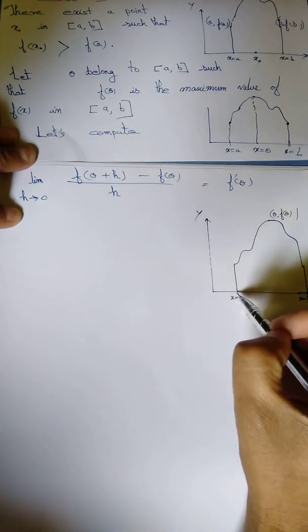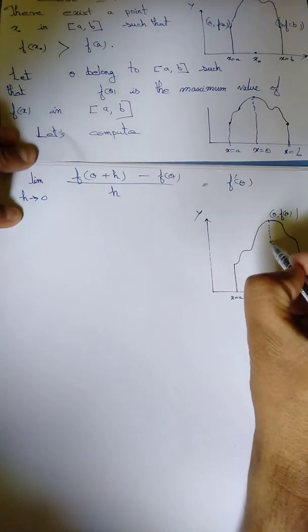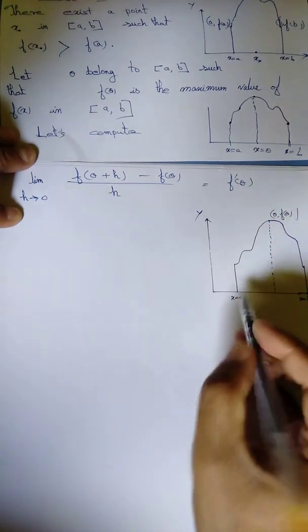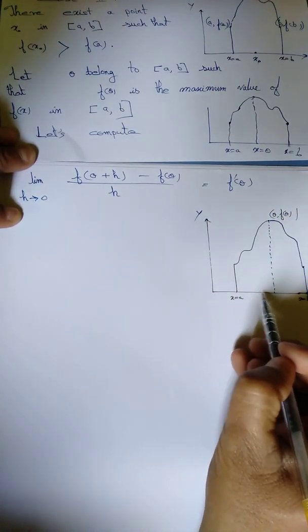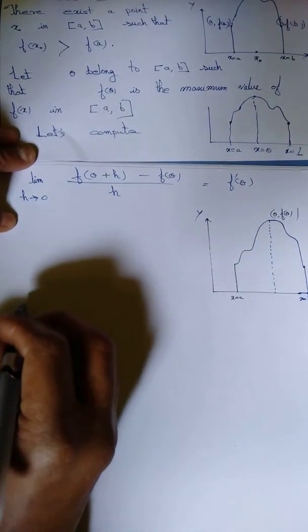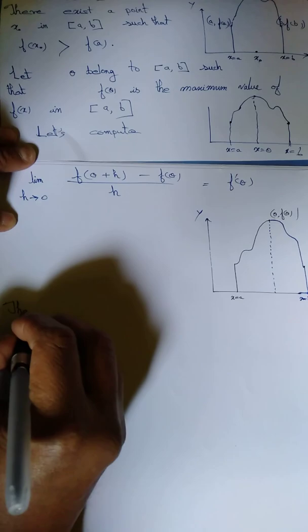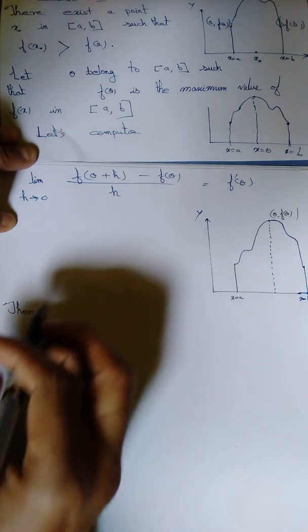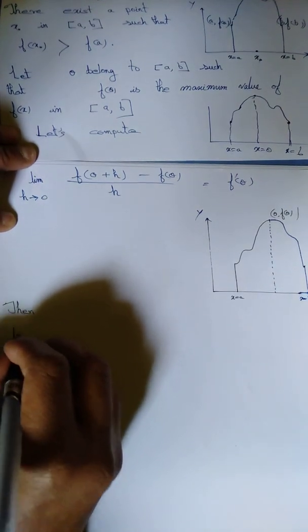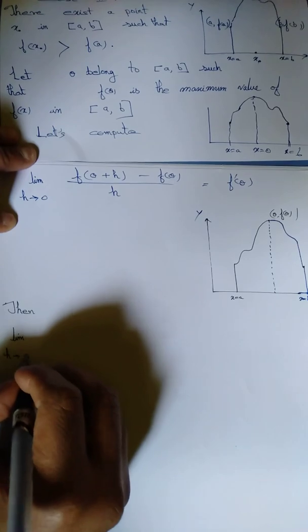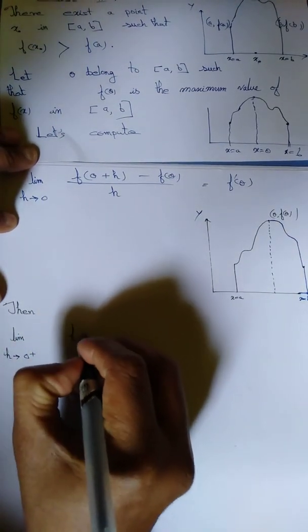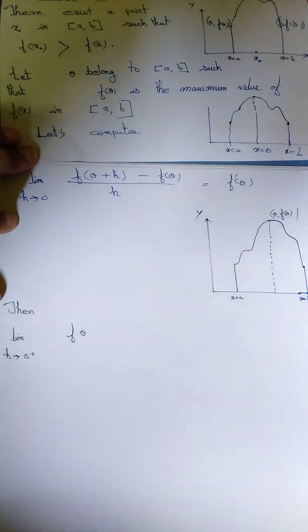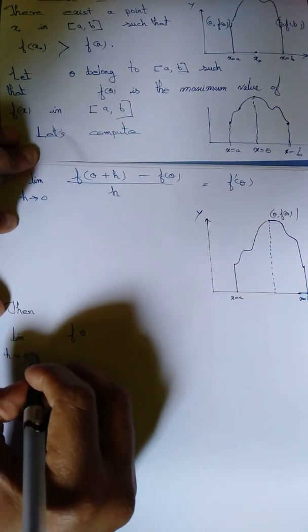What should be the left-hand limit? That means as we take h positive, that is, we want to compute this limit, then compute this. First of all, this limit exists, then limit h tends to 0 plus f of, sorry, we are moving from the left hand side with black.